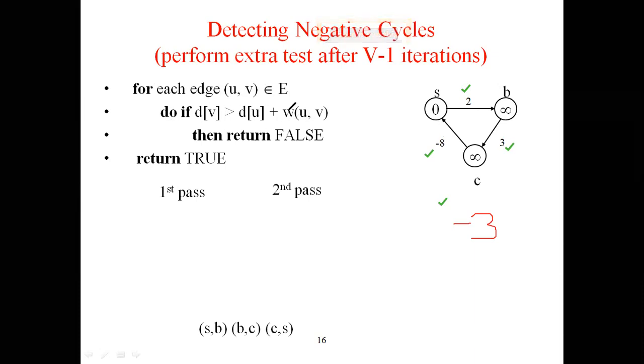What is the meaning of this? d[u] is the value at some vertex u, and w(u, v) is the weight of the edge uv.